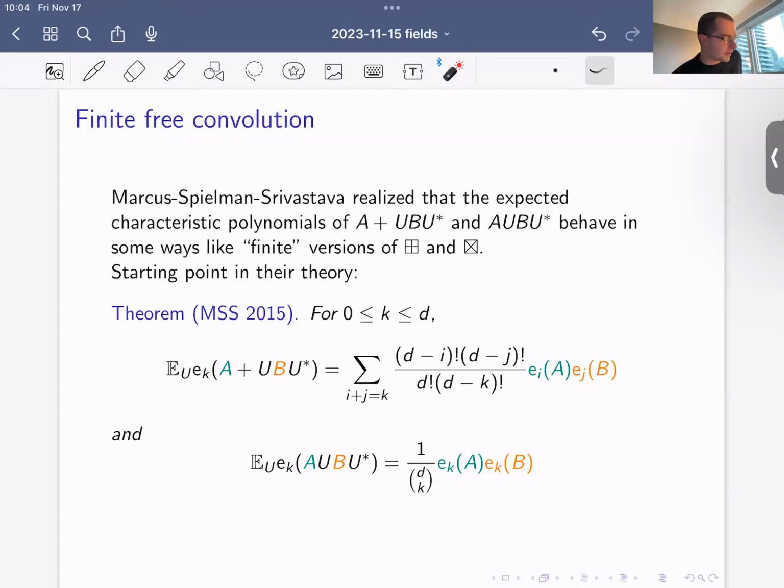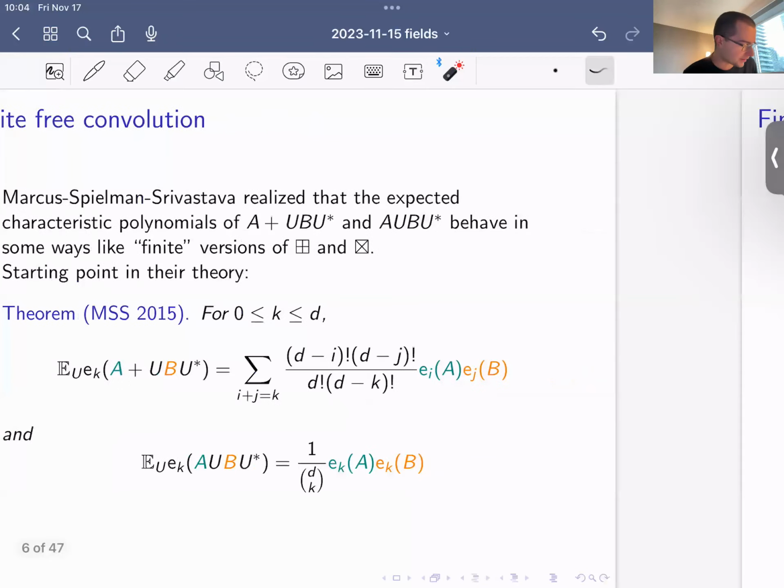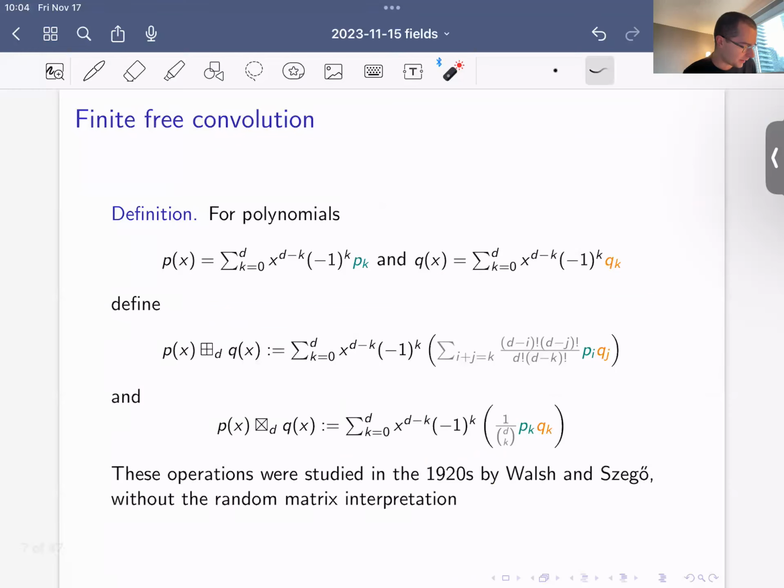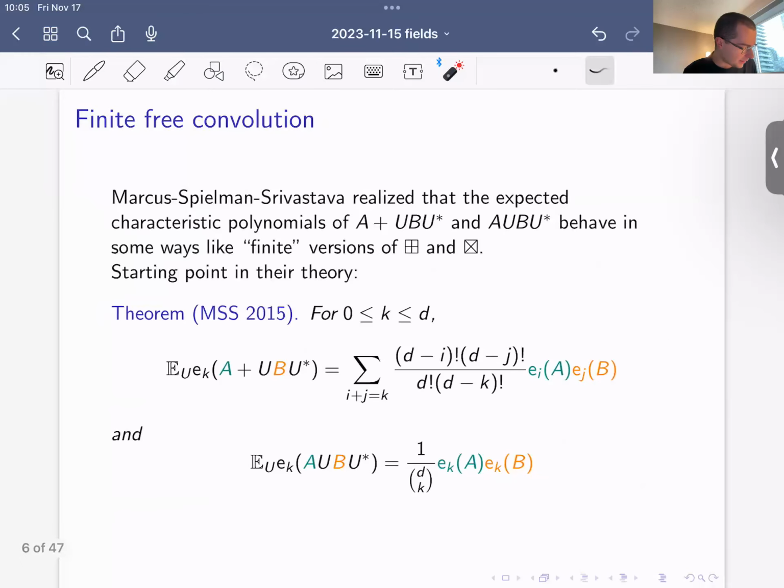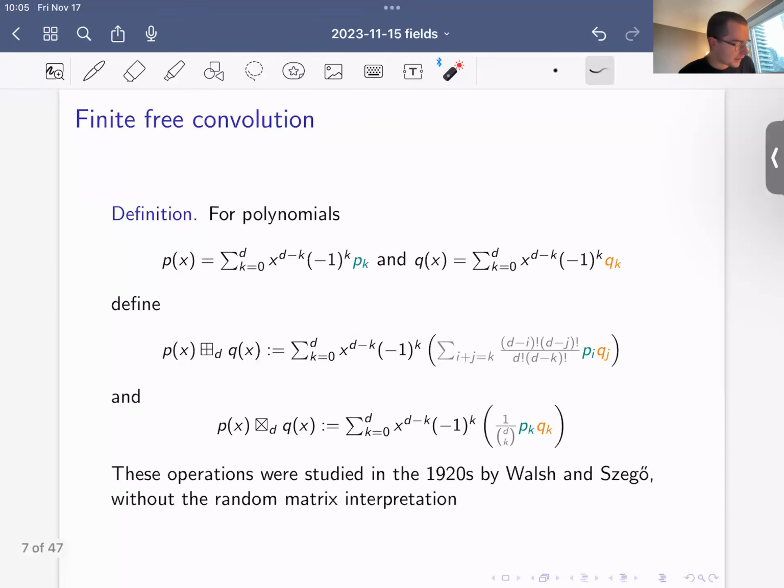Once you know sums and products, maybe the next natural question, especially if you know a bit about free probability, is... actually, no, I should make this definition first. We have this result about sums and products of random matrices, and so we can build this into a definition of operations on polynomials.